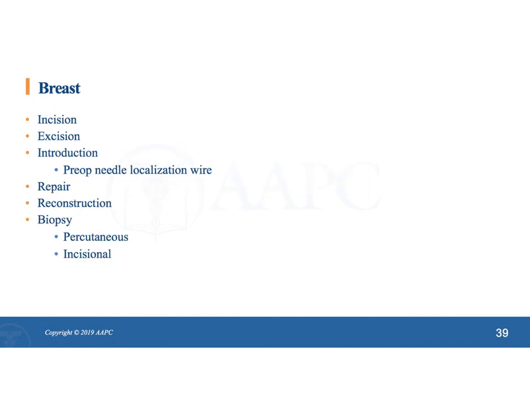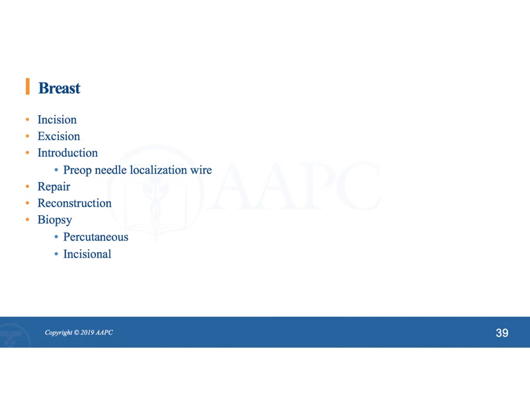Okay, moving on to procedures on the breast. The breast procedures are divided according to the category of the procedure: incision, excision, introduction, repair, and/or reconstruction. Breast biopsies are reported with codes 19081 to 19101 range.